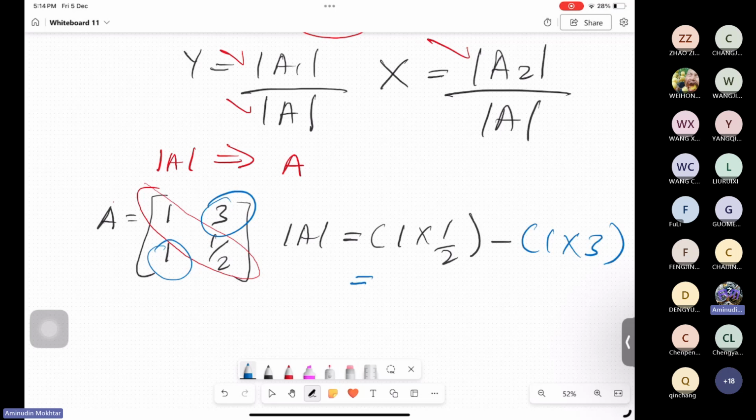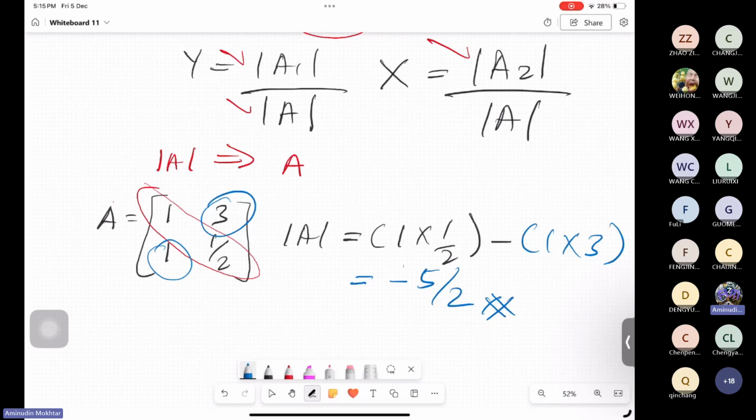So this equals 1 over 2 minus 3, that is negative 5 over 2. That's the determinant of matrix A. It's quite easy.